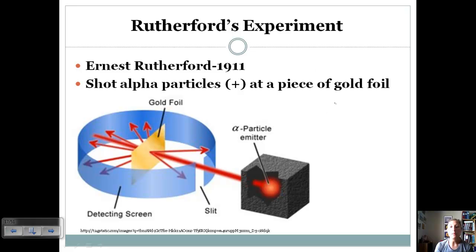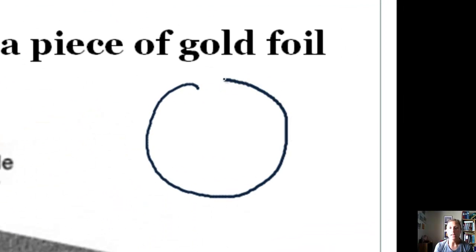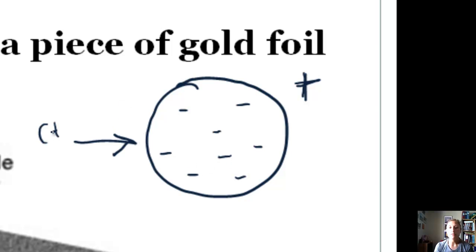Now let's think about the plum pudding model for a second. So we've got this atom, and it's mainly positively charged, and we have some negatives kind of thrown in. If we shoot positive particles at it, well, we know that positive and positive repel. So if this atom is mostly positive, these positive particles are most of the time going to hit something that's positive.